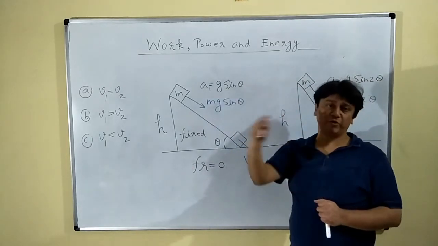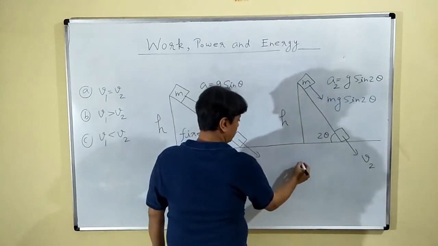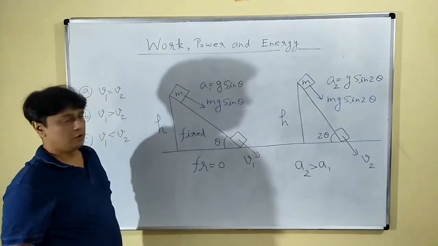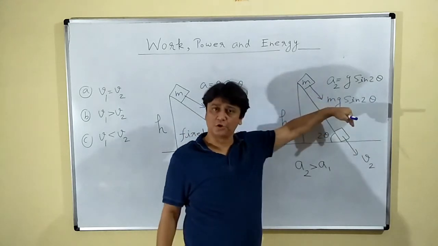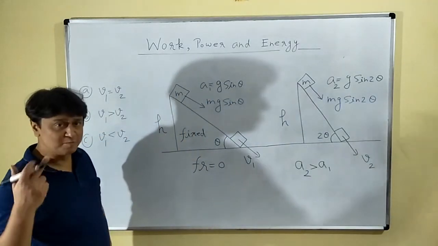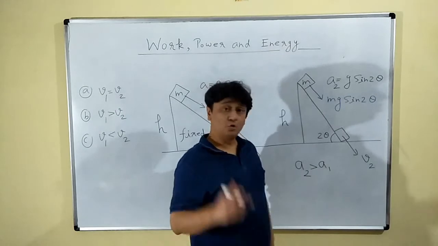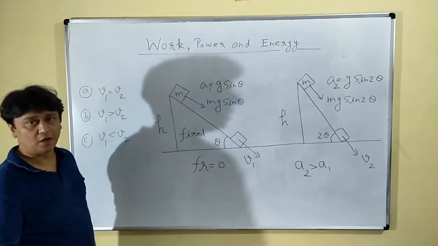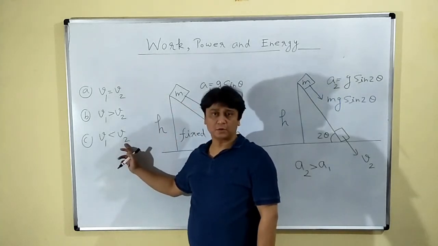Well, you know that as you increase theta, sine increases. This is theta, this is 2 theta, and therefore a2 is greater than a1. लॉजिकल भी है, अगर आप ज्यादा एंगल मेंटेन करेंगे तो ज्यादा एक्सेलरेशन होगा ऑब्जेक्ट का. बिकॉज ऑफ दिस इंप्रेशन दैट एंगल ज्यादा है, इसलिए ज्यादा क्या होगा? एक्सेलरेशन. कुछ लोगों को लगता है कि ये v2 इस v1 से ज्यादा होगा, and therefore they go for C option.